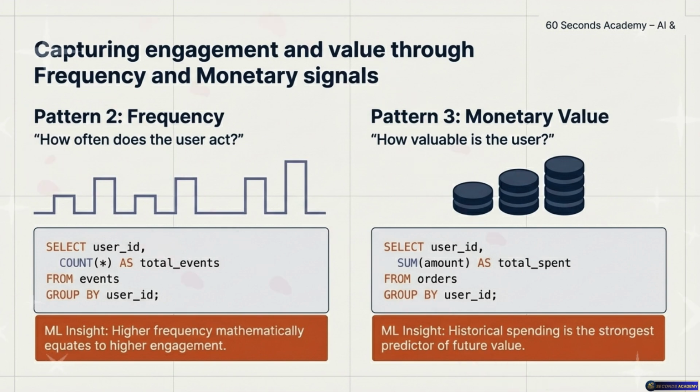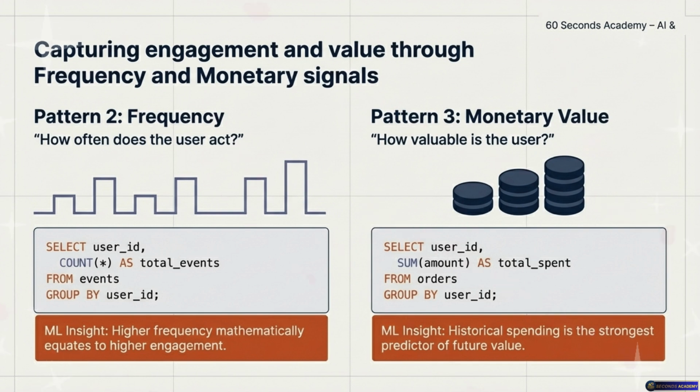But on a technical level, how do these three simple metrics, just recency, frequency, and monetary value, actually power massive systems like the recommendation engines at Amazon or Netflix? It seems almost too basic to drive a billion-dollar algorithm. It seems basic, sure, but they power massive systems because they create incredibly dense multidimensional cohorts.